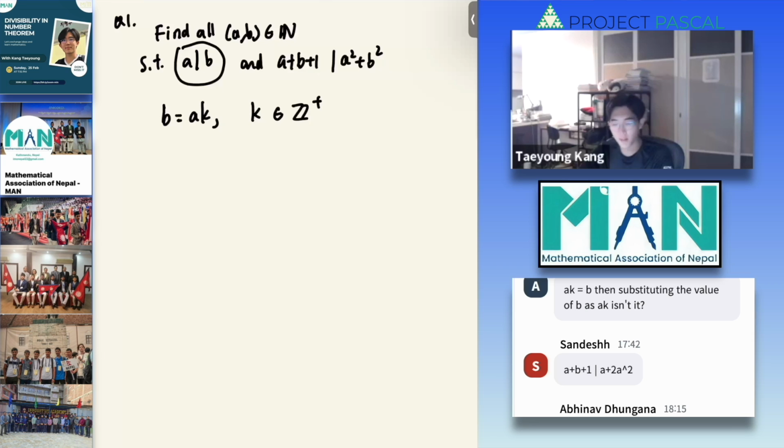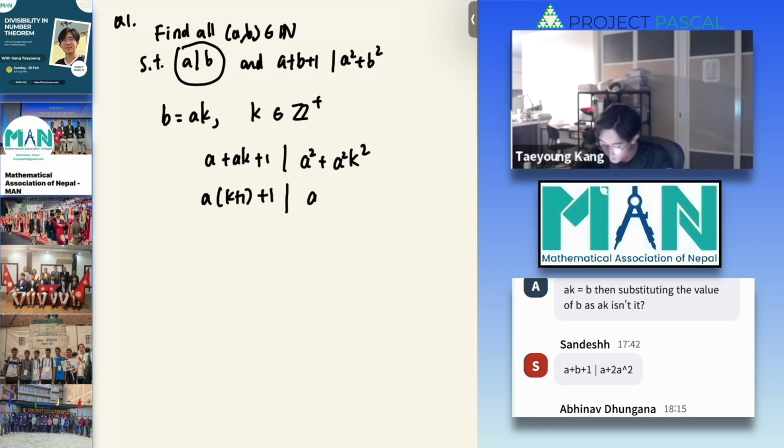So what does that condition change the whole question to? It becomes A plus AK plus 1 divides A squared plus A squared K squared. In other words, A times K plus 1 divides A squared times K squared plus 1.